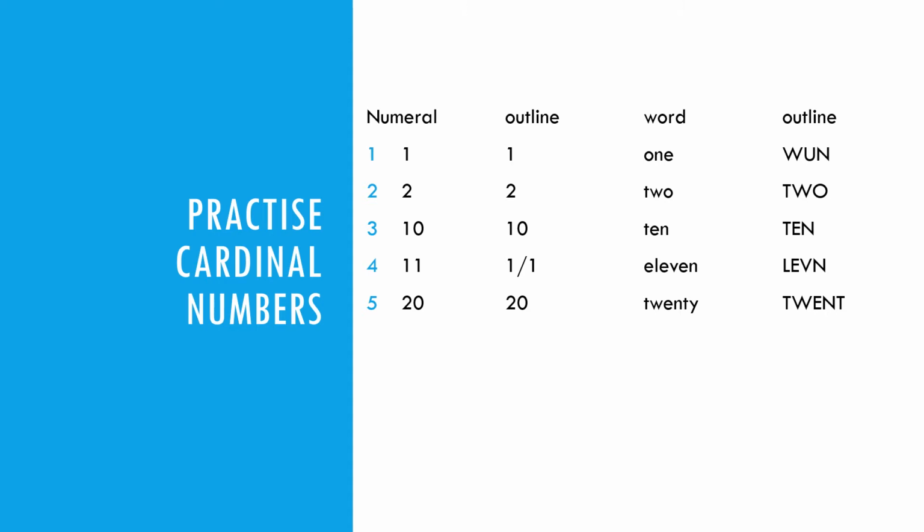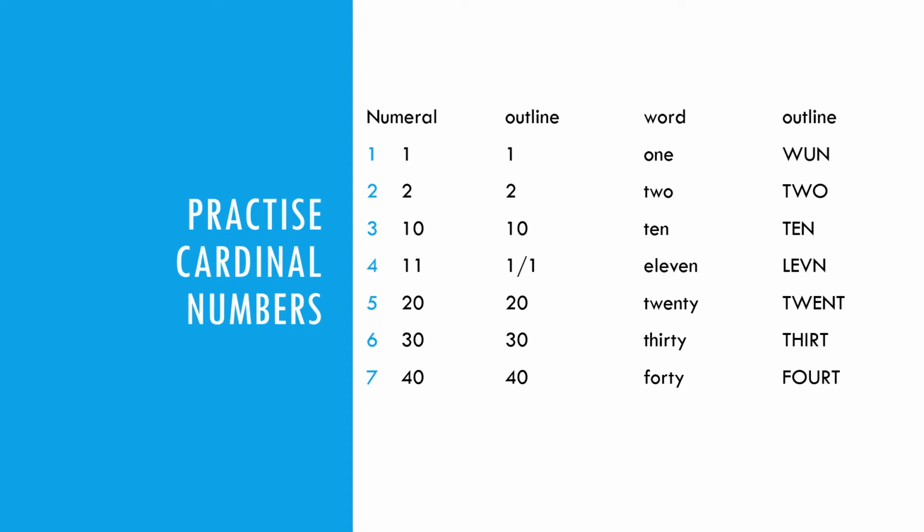20. The word 20 is written twent. 30. The word 30 is written thirst. 40.